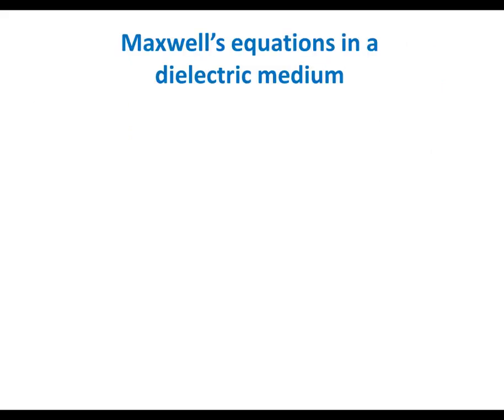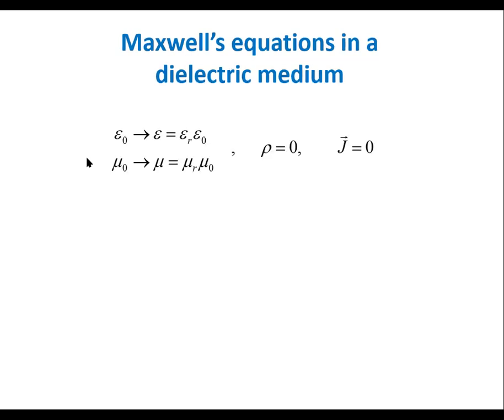We can do this whole practice for a dielectric medium also. A dielectric medium is also defined by vanishing charge density and current density. The only difference between free space and a dielectric medium is in the value of the coefficients epsilon and mu. For a dielectric medium, epsilon naught and mu naught are replaced by epsilon and mu, values of which can be found by multiplying the respective terms with the relative terms epsilon r and mu r.